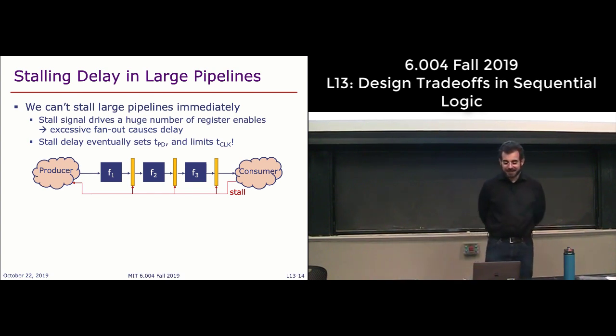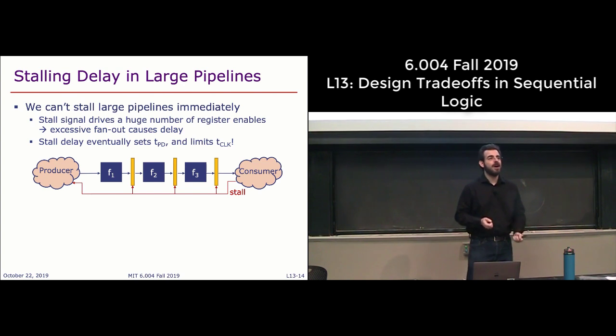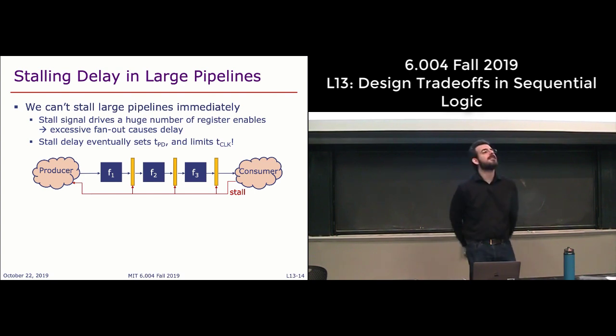And so if you keep adding pipeline stages, the stall delay increases, and eventually that's what sets the propagation delay, and that's what limits the clock cycle time. So you keep adding pipeline stages, and your clock cycle time goes up. It's not even that you cannot get it down, it's that it just gets worse.